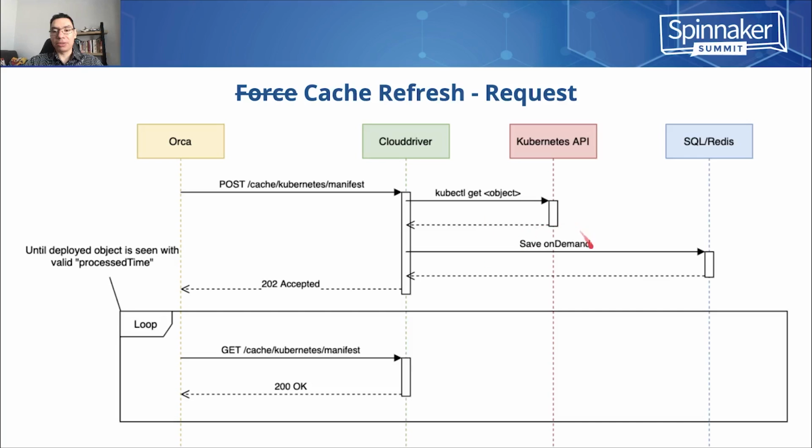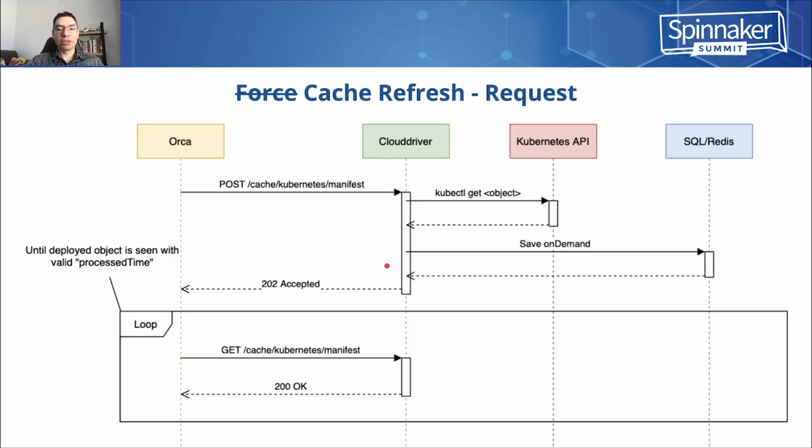Instead, it's saved to this special region, and then the system needs to wait for the next caching cycle to complete in order to incorporate this specific on-demand object. This is why, instead of force cache refresh, maybe the force part is not accurate, because it's not forcing a cache refresh, it's just marking an object to be considered when the cache executes.